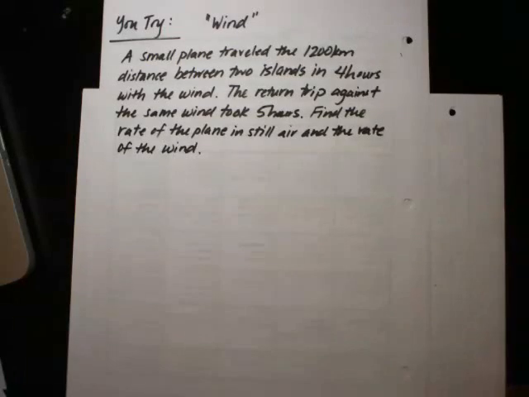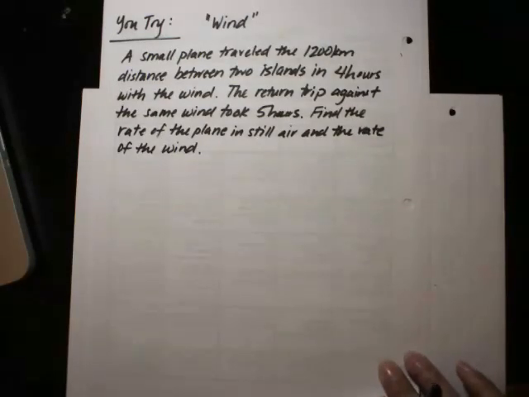A small plane traveled the 1,200 kilometer distance between two islands in 4 hours with the wind. The return trip against the same wind took 5 hours. Find the rate of the plane in still air and the rate of the wind. Okay, please solve this and we will take a look at this when you come back tomorrow.